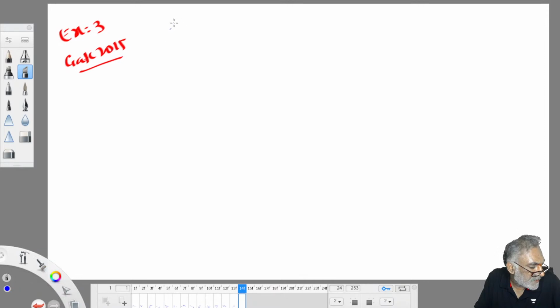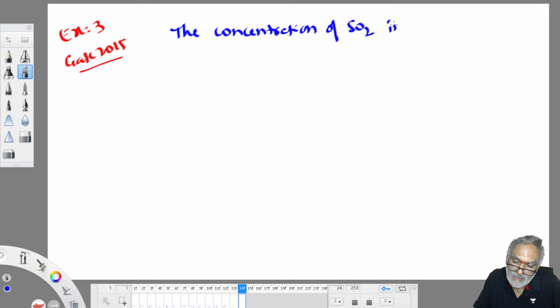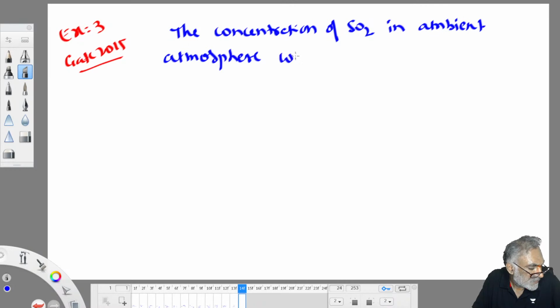The concentration of sulfur dioxide in ambient atmosphere was measured as 30 microgram per meter cube.